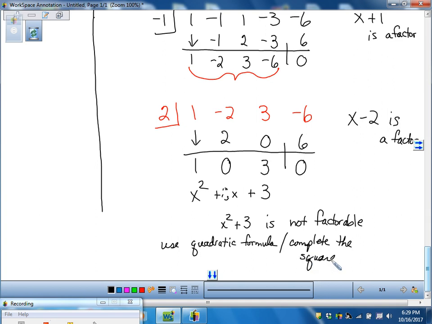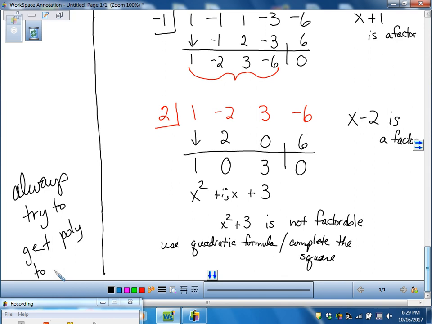But that's how you could try to finish breaking this down. So your goal is always to try to get your polynomial to a quadratic. And then once you get it to the quadratic, then you use these other 2 options. That's your goal.